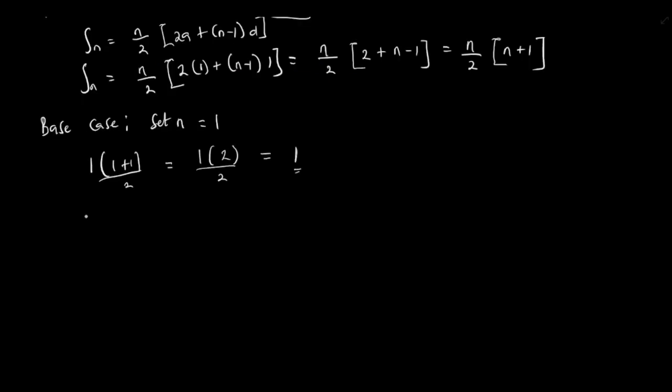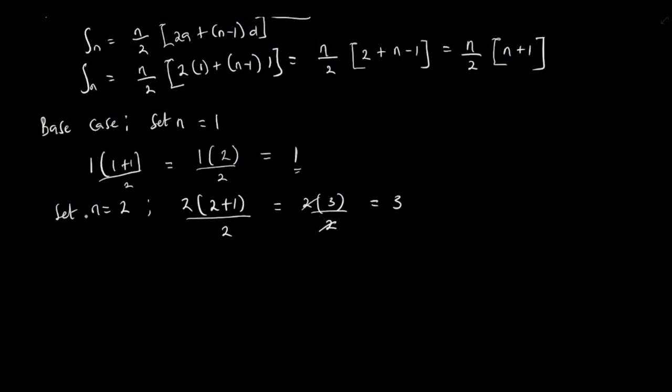We can also set n equals 2. Then if n is equal to 2, the right hand side of the question becomes 2 multiplied by (2 plus 1) over 2, which is 2 multiplied by 3 over 2, then 2 cancels 2, we have 3.